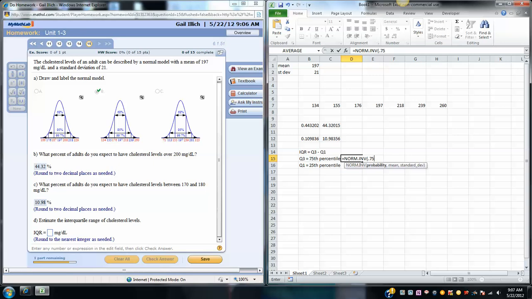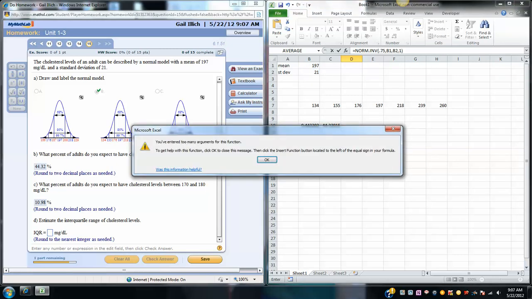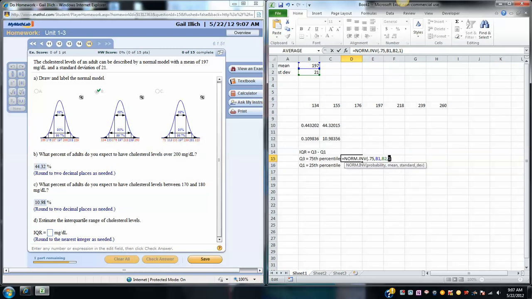The mean is still up here, 197, and the standard deviation is 21. I don't do the comma 1, I'm sorry, with this norm inverse function. That's with the other function. So 211.16 is Q3.